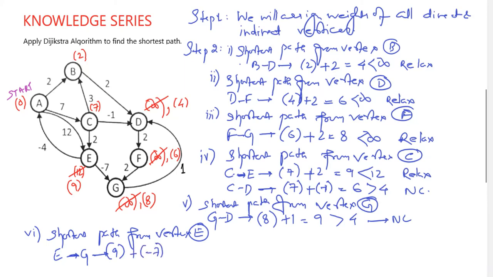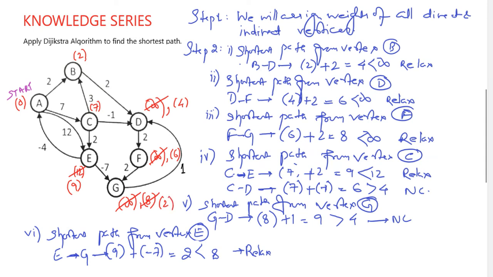So 9 plus minus 7 is 2, which is less than 8. So automatically this is going for a relaxed condition. So this will be modified and it will turn to 2.